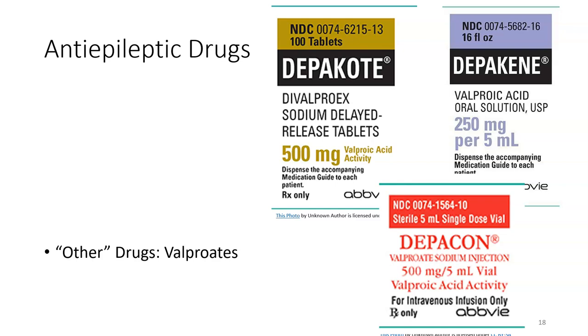And then we have valproic acid, which is Depakene, and Val thought it was keen, which means it's an old word for cool. Now the injectable valproate sodium or valproic acid is Depacon. So easy to get those mixed up, but valproic acid and divalproex sodium are actually two different drugs, but they're in the same family.